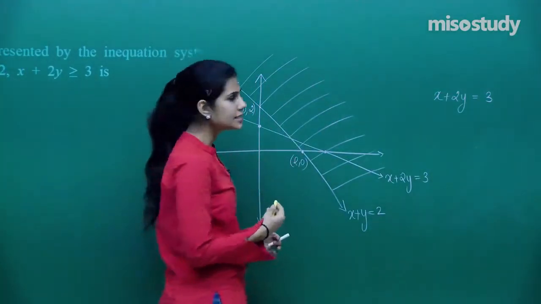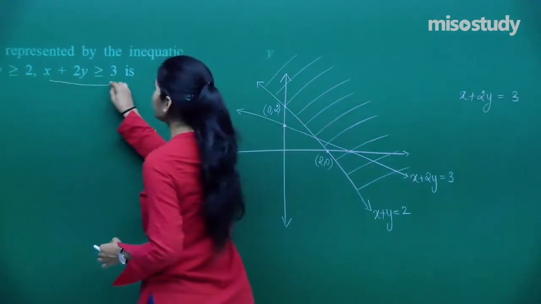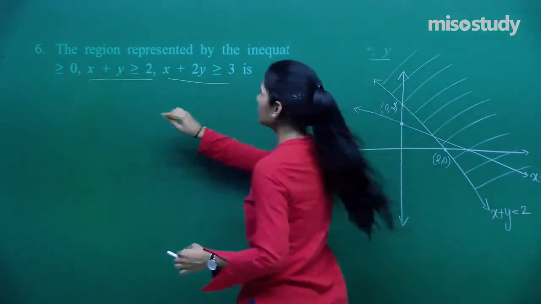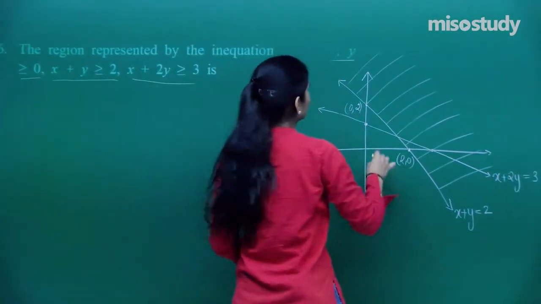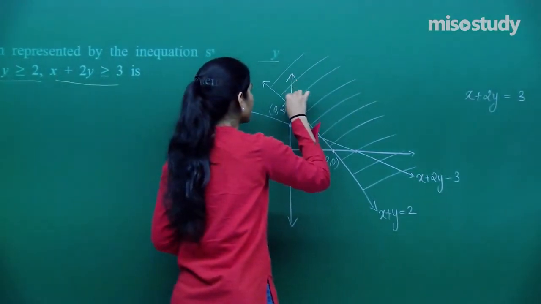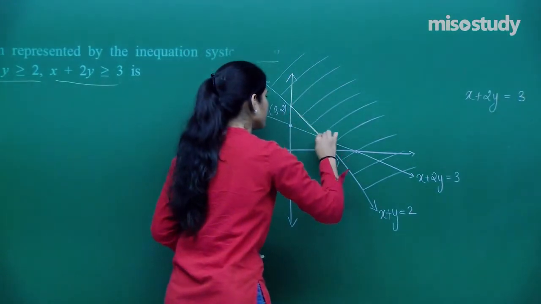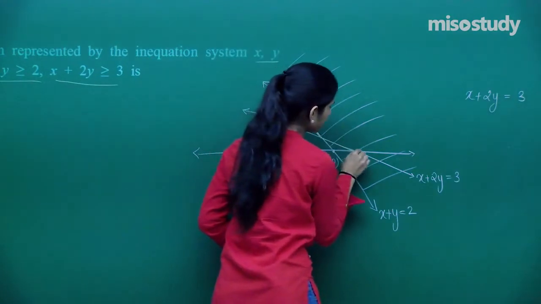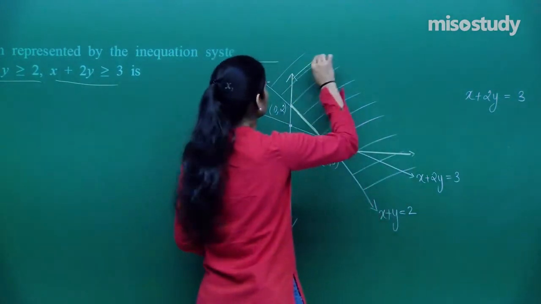Therefore, when I talk about the intersection of the region represented by this inequation and the first quadrant given by x and y non-negative, what region do I get? The intersection comes out to be this region.